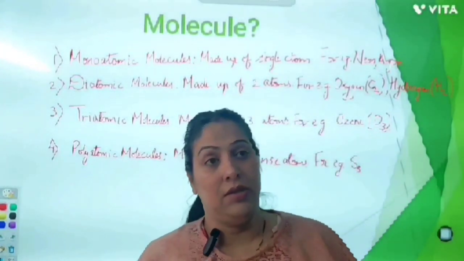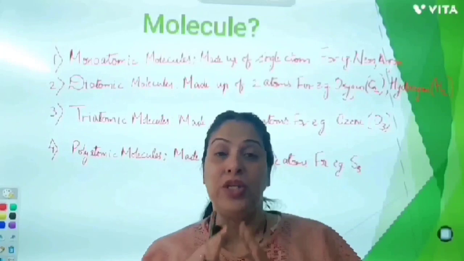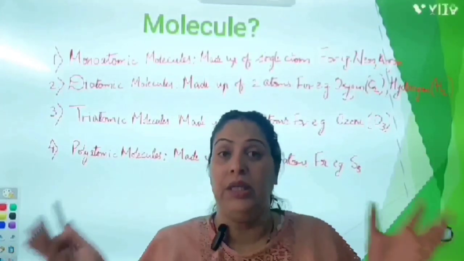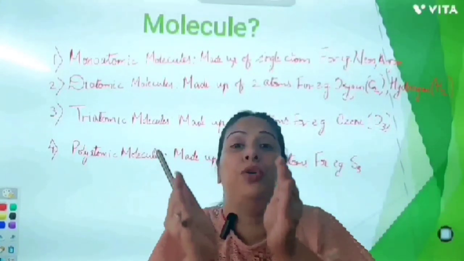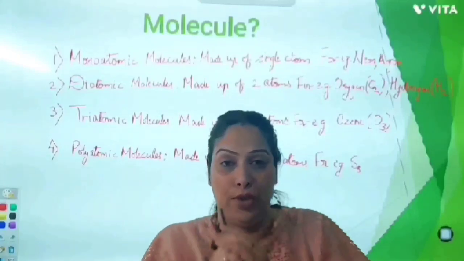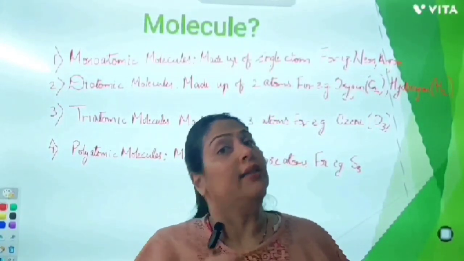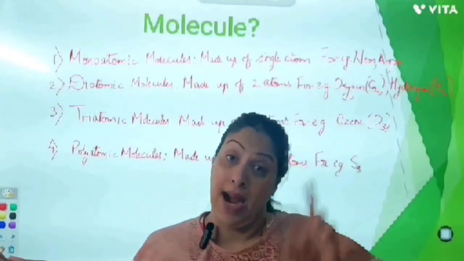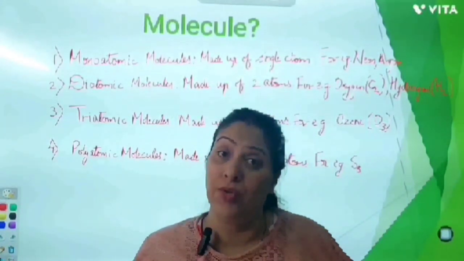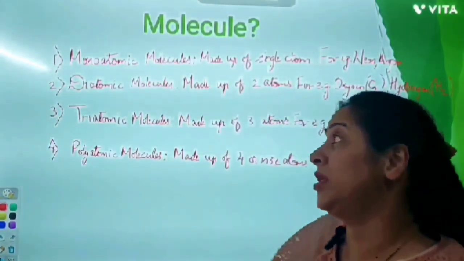Now, as we stated, there are some atoms which do not need company, which do not want another atom to form a unit. They are a unit in themselves, and they exist freely also. So they are atoms as well as molecules, right?